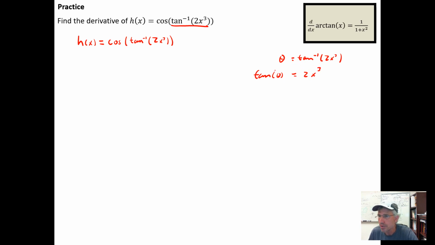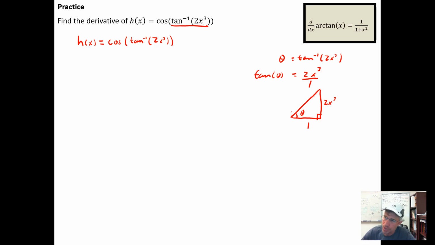So if I want to construct this triangle, I would be constructing a right triangle that contains an angle theta that's being input into the tangent function. And we know that the tangent function by definition is opposite over adjacent. So I'm going to rewrite it with the denominator of 1 so that I can label my opposite side over my adjacent side.